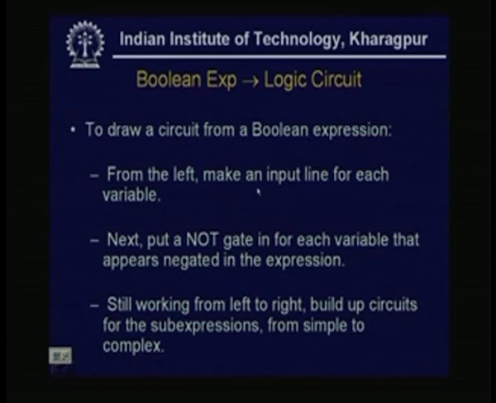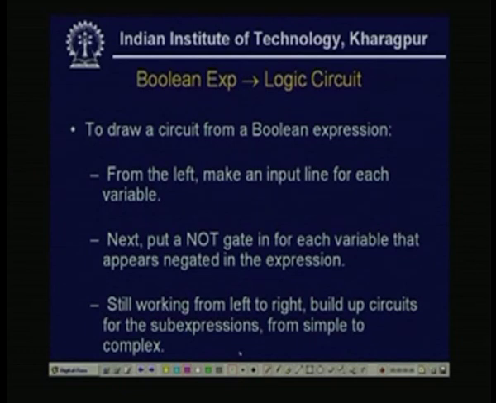From the left, make an input line for each variable. Next, put a NOT gate in for each variable that appears negated in the expression. Still working from left to right, build up circuits for the sub-expressions from simple to complex.